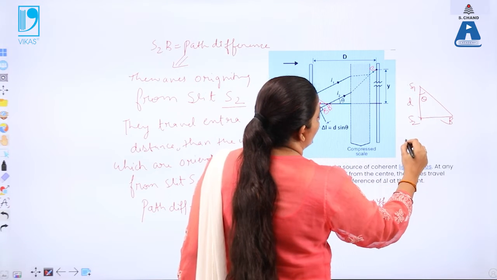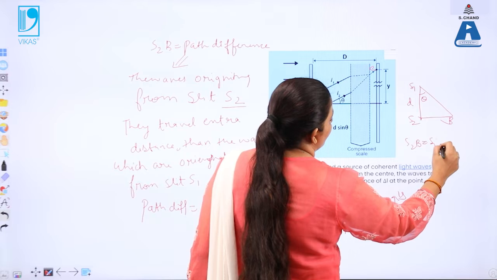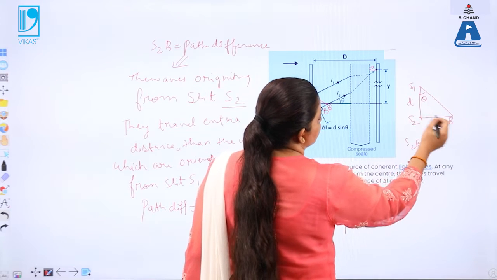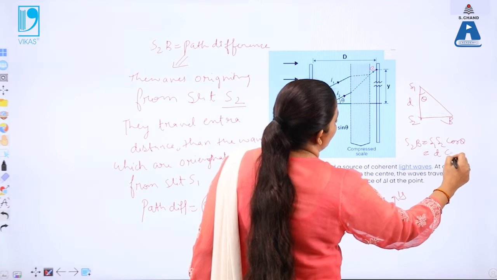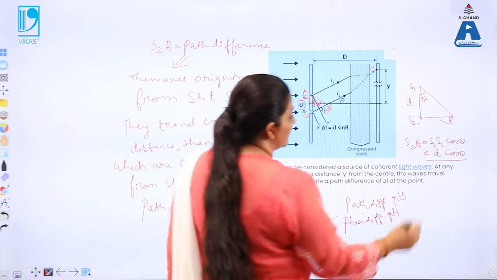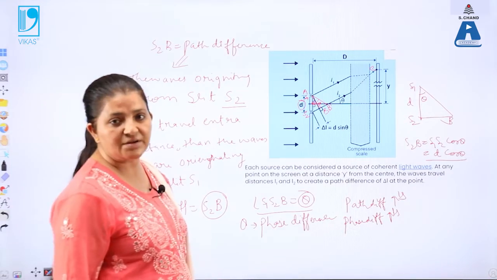What is S2B? That will be equal to S1S2 times cos theta, so we get d cos theta. So the path difference between the two waves is d cos theta.